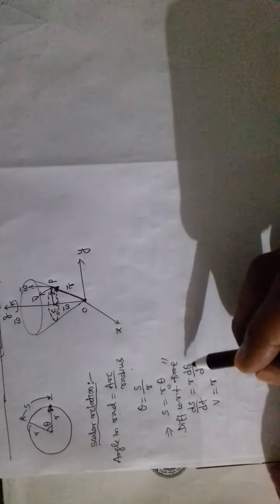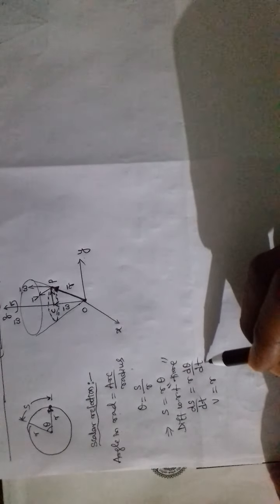Now distance by time gives speed. Rate of change of angular displacement is angular distance by time, so this gives angular speed.